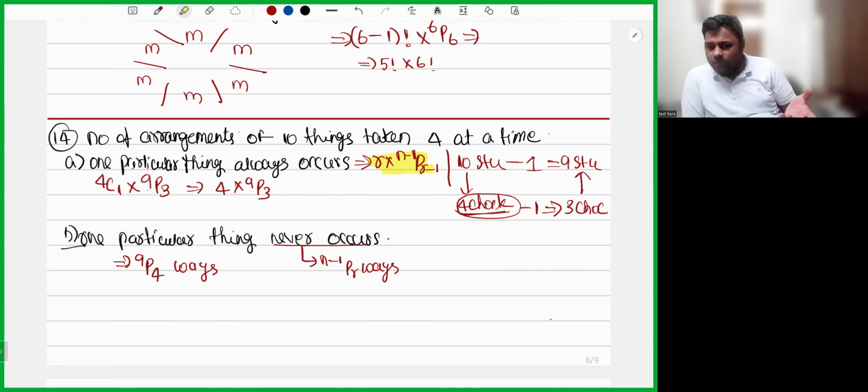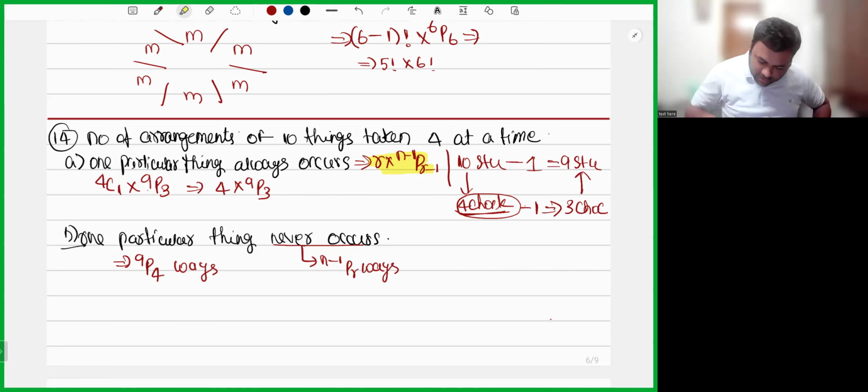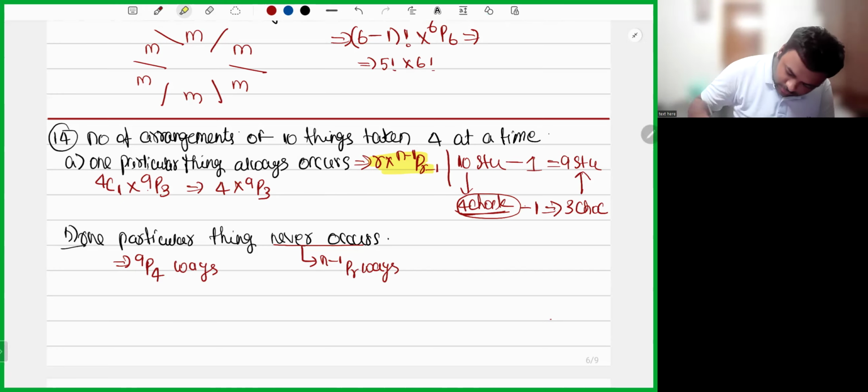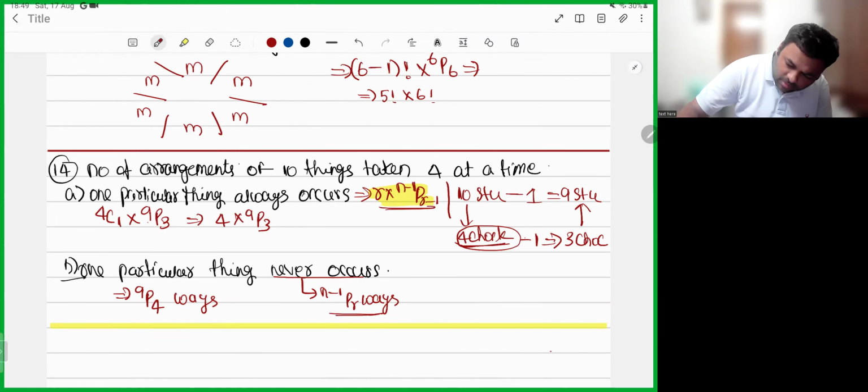Now 9 students are left and 3 chocolates are left. 3 chocolates to 9 students in 9P3 ways. I hope the point is clear. Sometimes he'll ask you to write the formula; you can write it, but it's not that important. The sum is important.